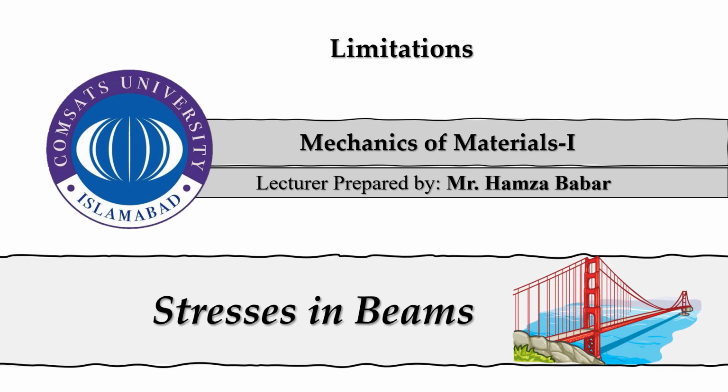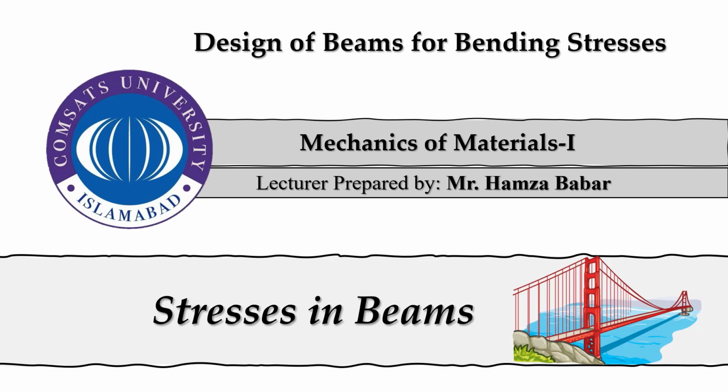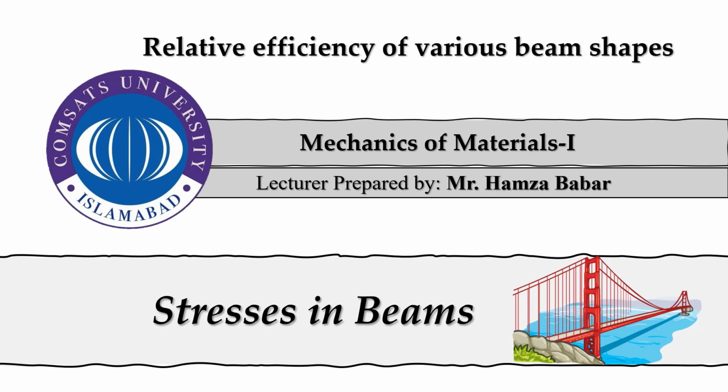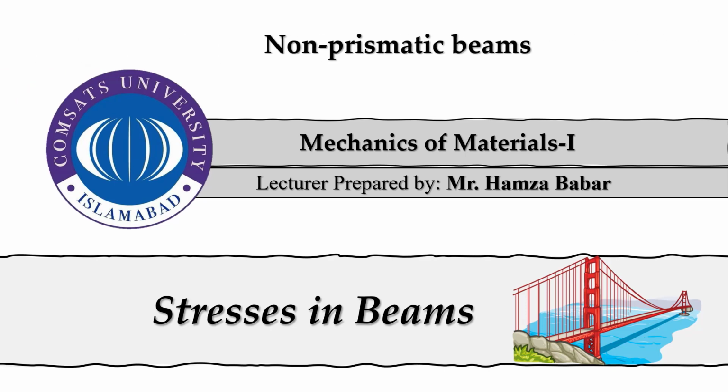However, in this part of the lecture, we will cover some contents regarding design of beams by discussing the topics: design of beams for bending stresses, relative efficiency of various beam shapes, non-prismatic beams, and fully stressed beams.